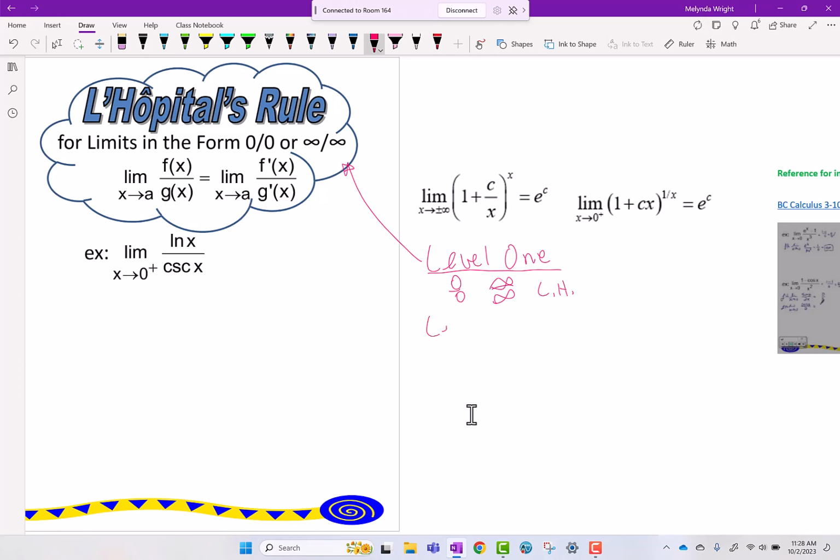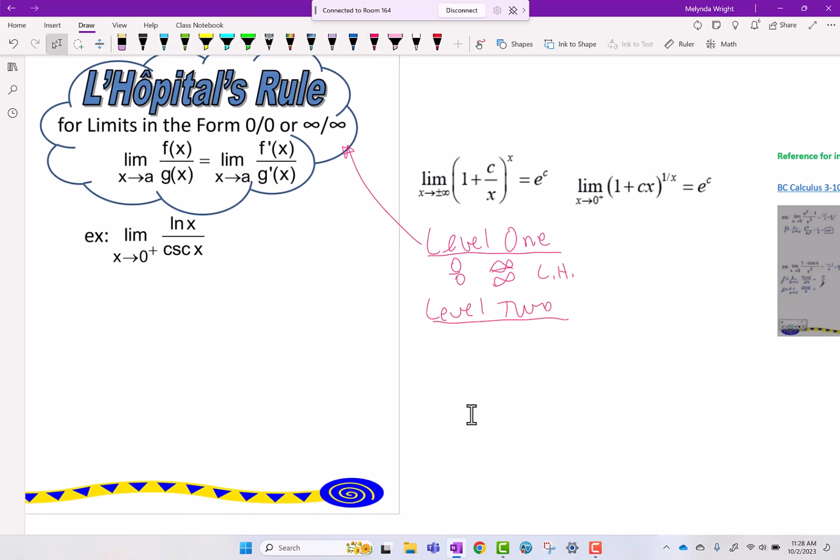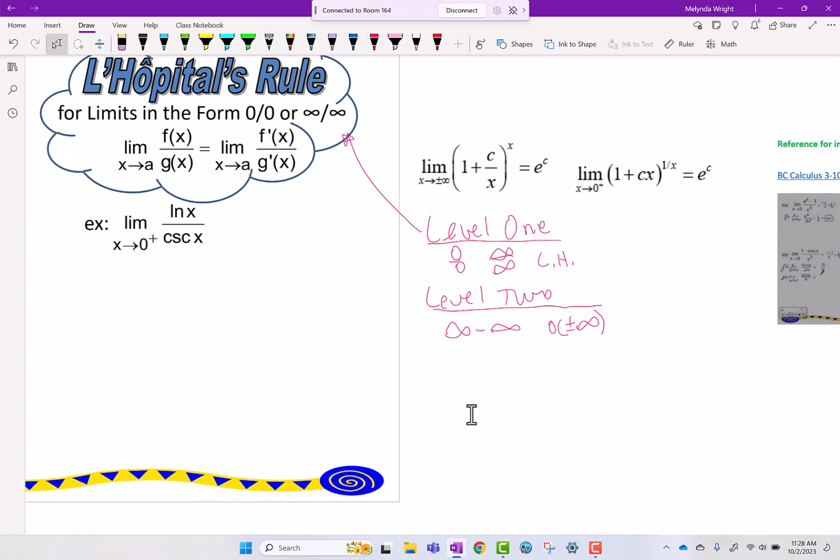We also have something I call level 2. These indeterminate forms are infinity minus infinity or 0 times positive or negative infinity. When we have these kinds of indeterminate forms, our go-to would be to rewrite.